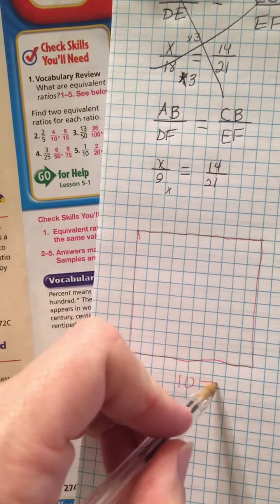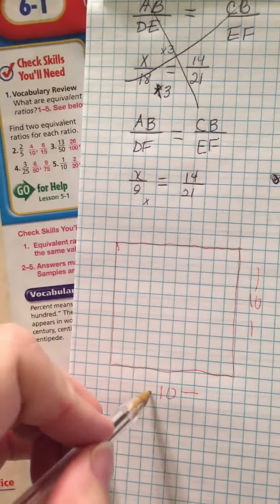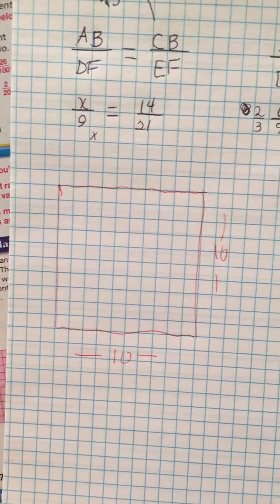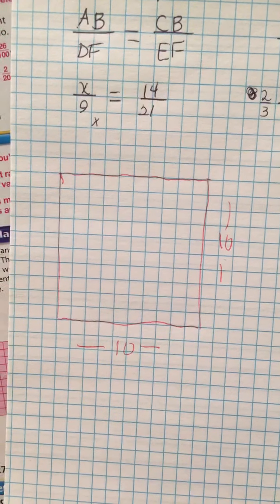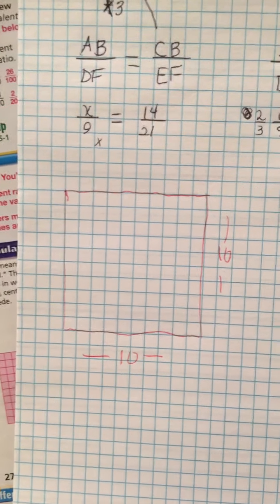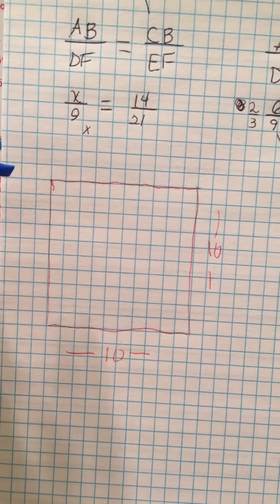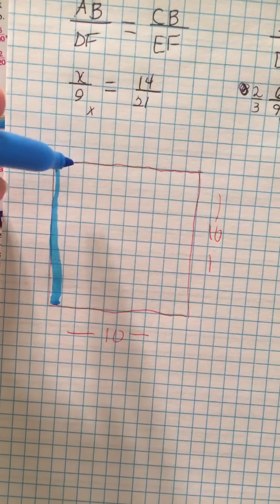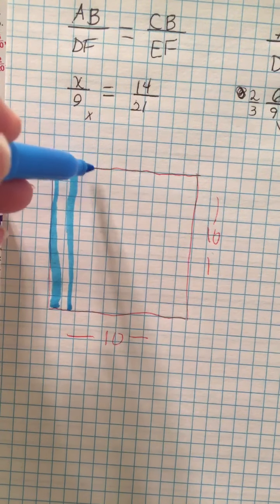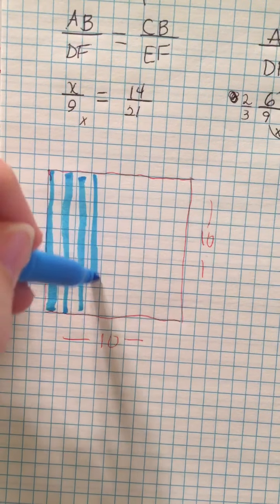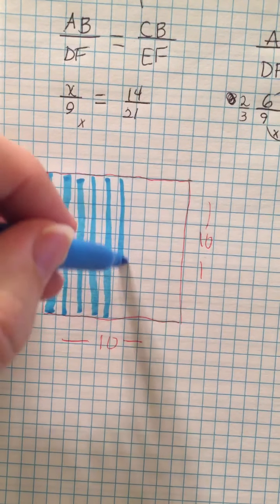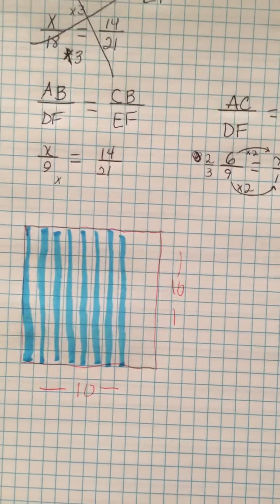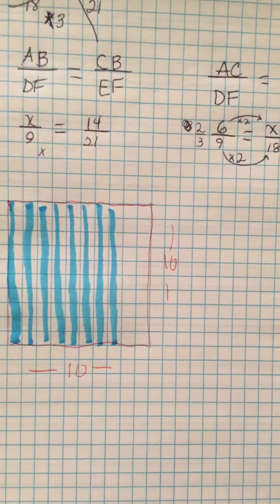I have 10 this way, and I have 10 this way. If I have 80% of it, how many squares am I going to color in? Well, we're going to do 80 squares out of the 100. So if I know there's 10 here, I'm going to count by 10s then. 10, 20, 30, 40, 50, 60, 70, 80. So that's 80% of that square shaded blue.